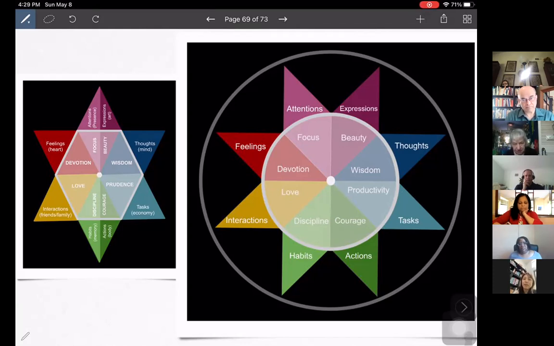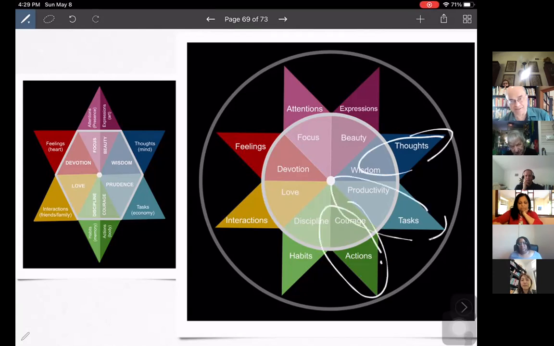Maybe through doing that, they'll also simplify a little bit. Is there a way to do that too? Well, basically what I've done is that the thoughts and actions have been combined into tasks. By applying your mind to the problem, living on a large scale is what economic action is about.